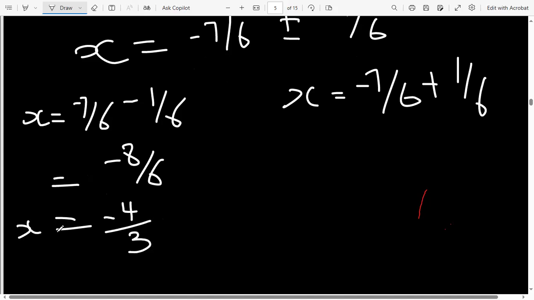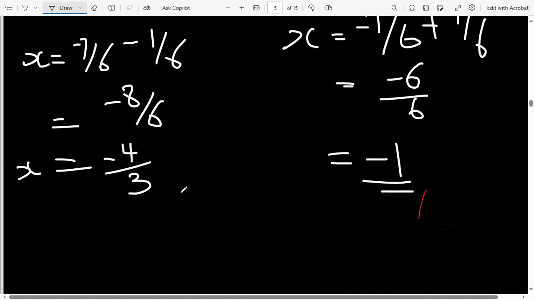So our first x is minus 4 over 3. And then here we are going to have minus 7 plus 1, which will just be minus 6. Then we are dividing by 6, which will give us what? A minus 1. Okay, so you can see our two answers clearly there. The first one is this, then the other one is that. Okay, so any questions there?